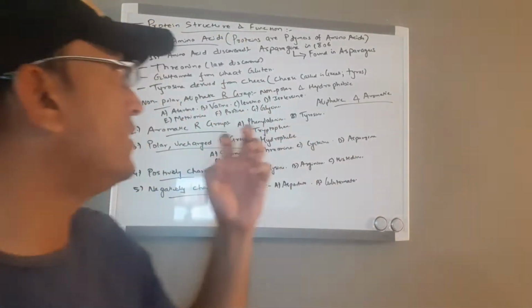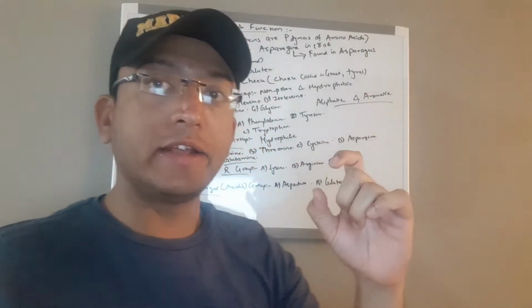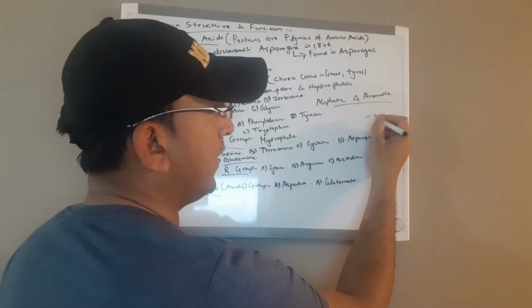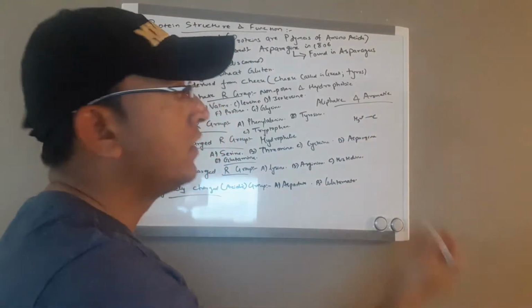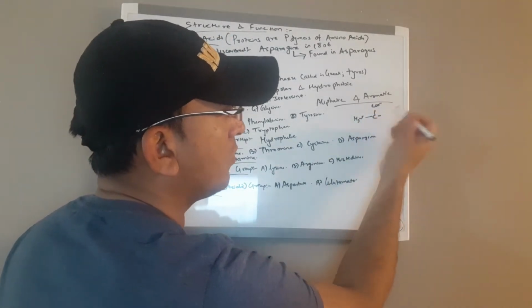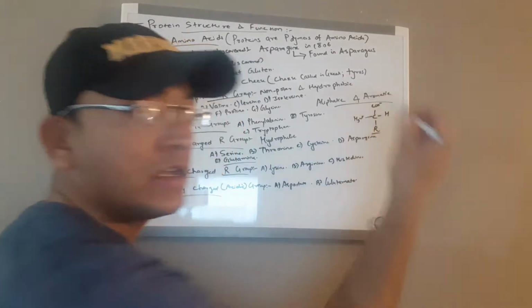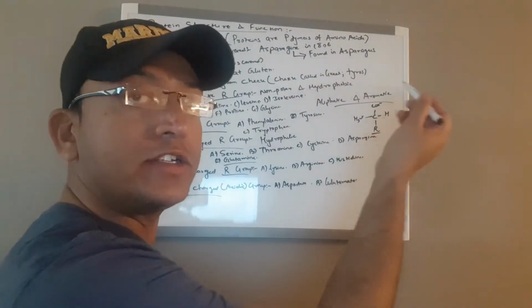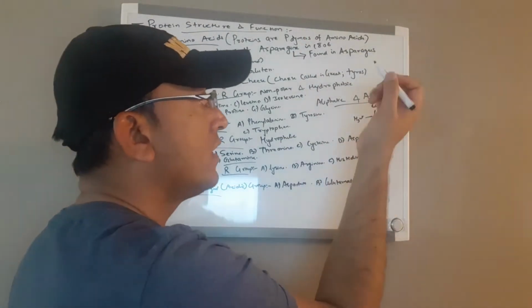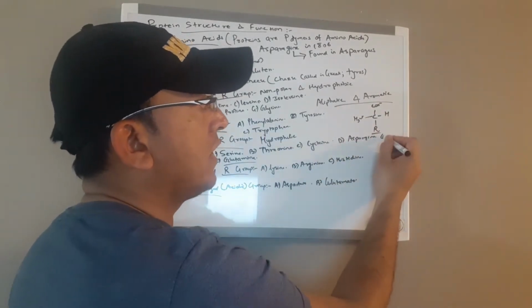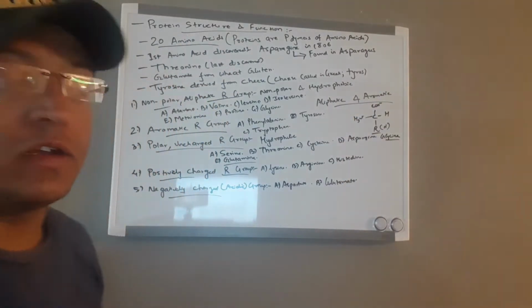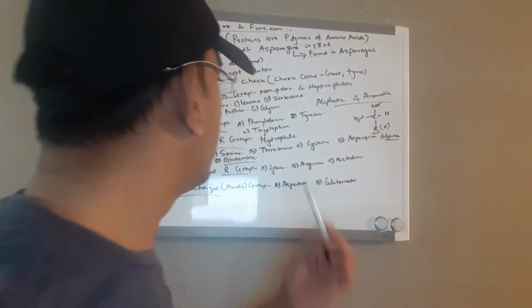The amino acid structure has one alpha carbon atom in the middle, an amino group, a carboxylic group, a hydrogen atom, and a side chain R. All amino acids are differentiated by this side chain, except glycine, which has a hydrogen atom instead of the side chain. So this was the topic from the previous video.